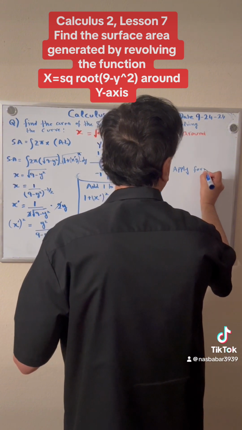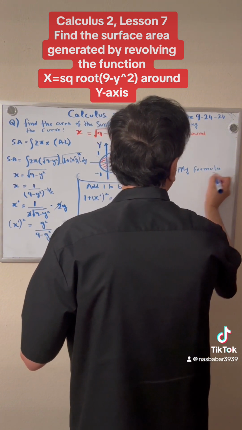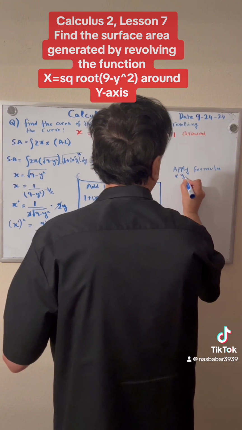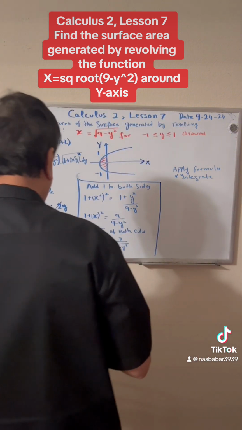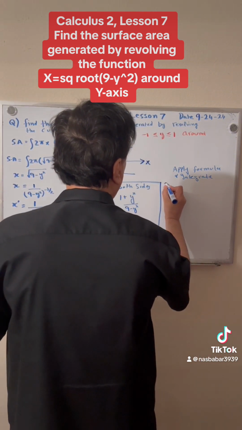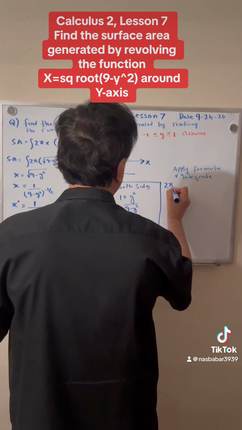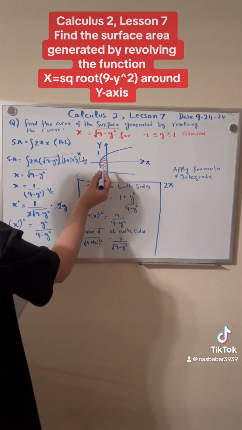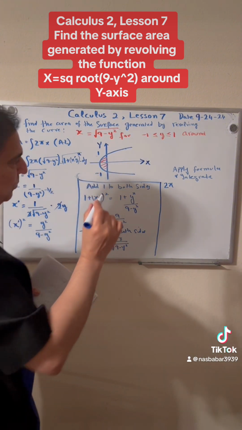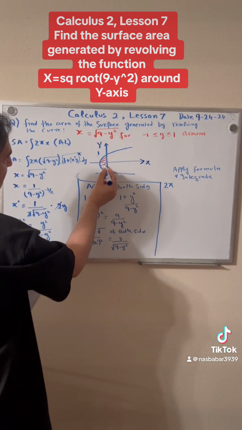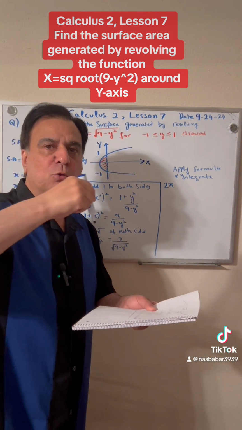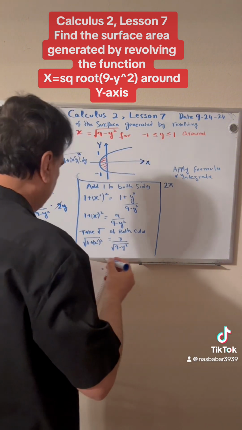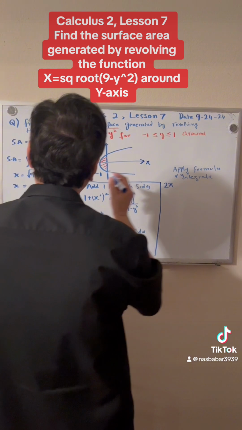Basically, what we are doing is trying to find the surface area. The one with this red right here, that's the area we are finding when the curve is rotated around the y-axis. So this is the formula.